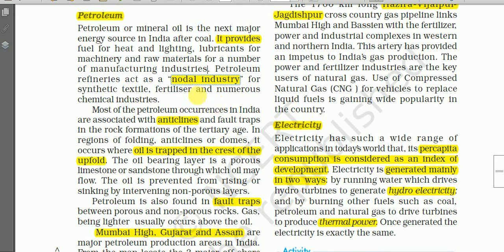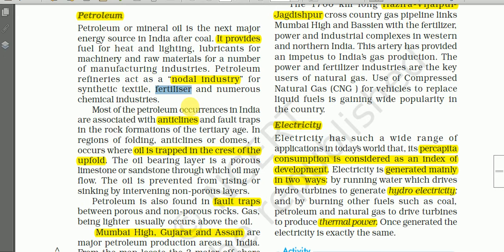For example, the synthetic textile industry uses a type of petrochemical known as synthetic fiber as the raw material, and likewise petrochemicals from the petroleum refining plants are used for manufacturing fertilizers. Polymers are another type of petrochemical, used in making plastics.